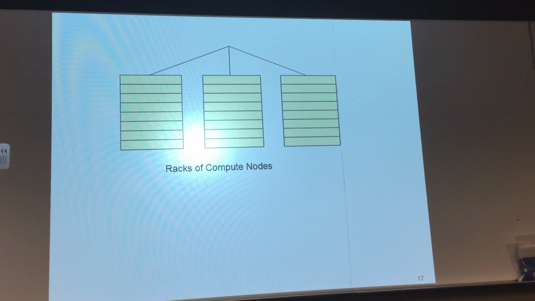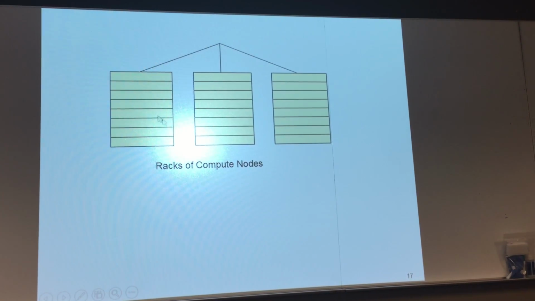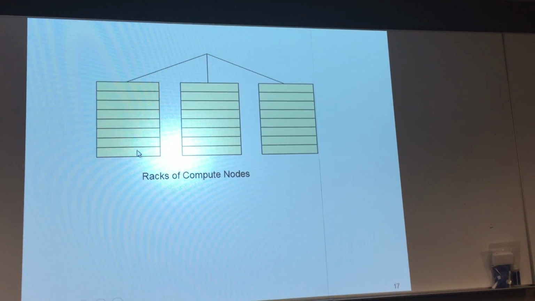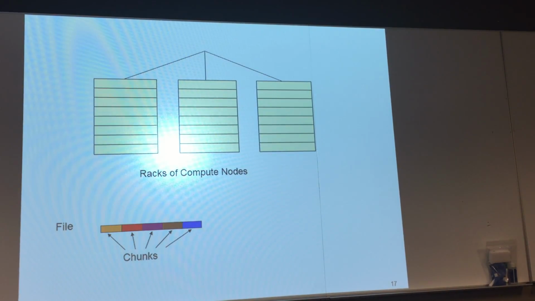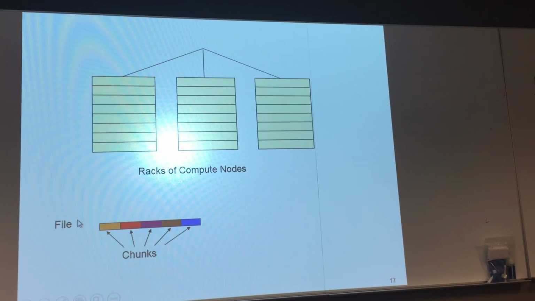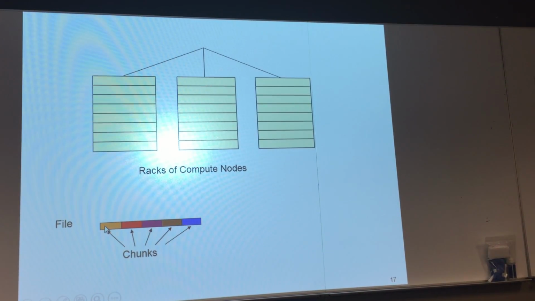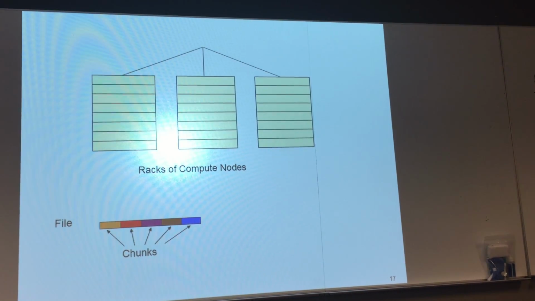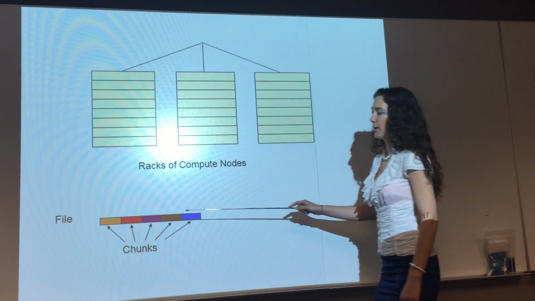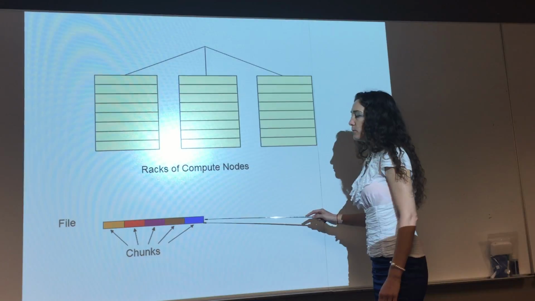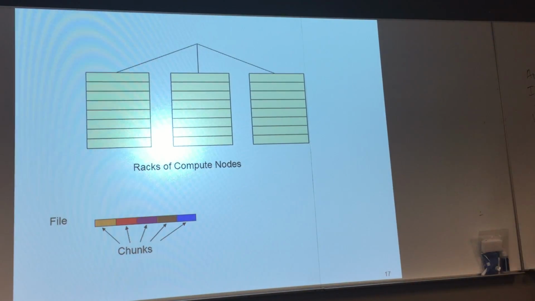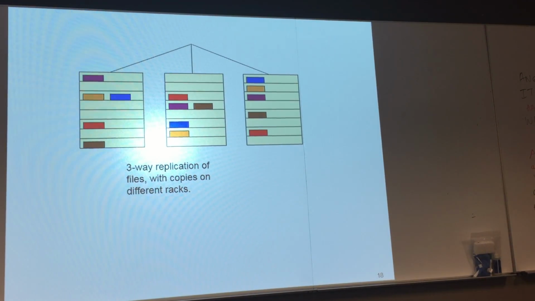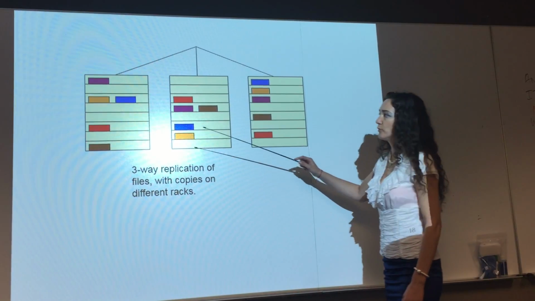So this is what happens. These are the racks. We set between 16 to 64 nodes in each rack. And then that's the file. The file has 1, 2, 3, 4, 5 pieces. Each one is about 64 megabytes. So we're going to split it into those pieces, and then each of the pieces is replicated 3 times and placed on a different node.